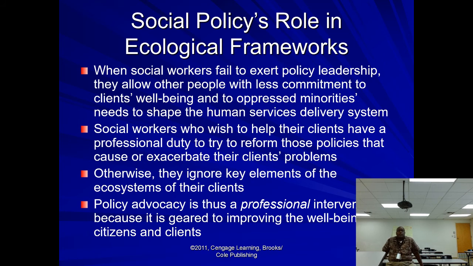Social workers who wish to help their clients have a professional duty to try to reform those policies that cause or exacerbate their clients' problems. Otherwise, they ignore key elements of the ecosystems of their clients. Policy advocacy is thus a professional intervention because it is geared toward improving the well-being of citizens and clients.